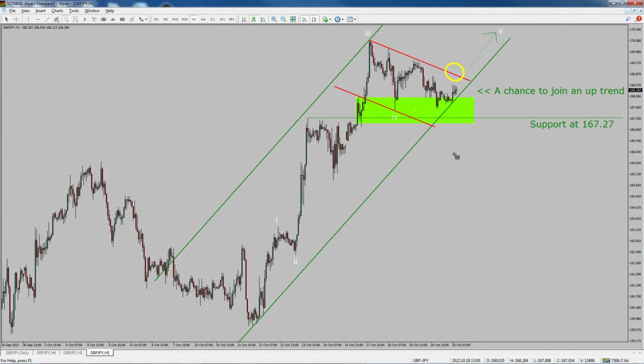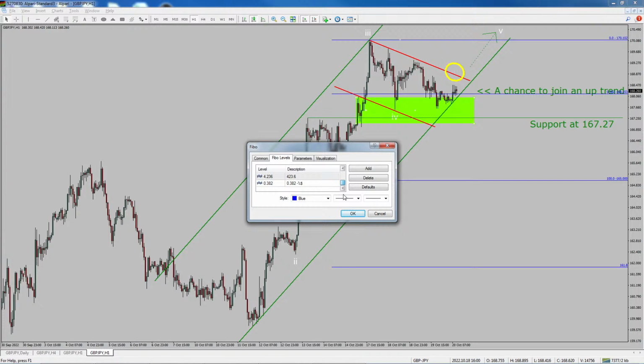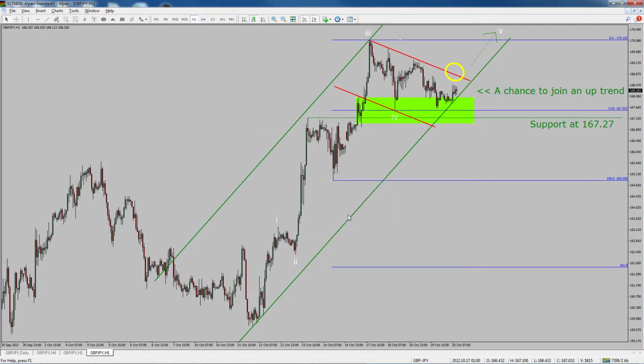Okay, now let's take a look at the 0.618. I think 50% would also be a good level over here. It almost reached the 50% level.